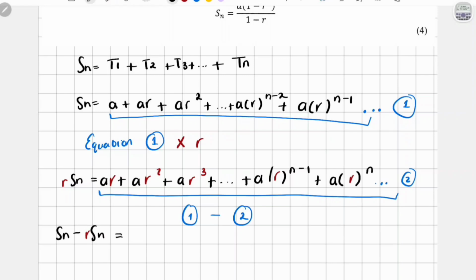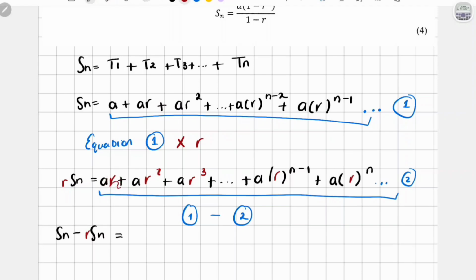So really what you're just trying to do is see which terms we have in the first equation that are also in the second equation. And if you look at that, A, we don't have any A here, so it means that A will not cancel. It's safe. But AR, look at this.